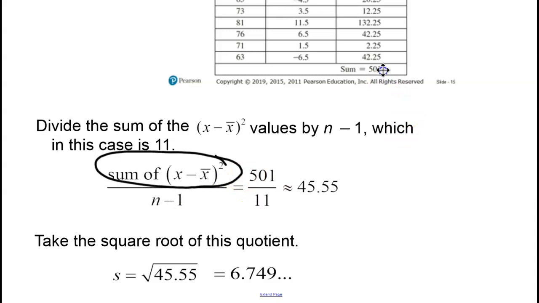So your sum was 501, and then you're going to divide it by 11, which gives you about 45.5. And then don't forget at the very end, you need to take the square root of that value, which I think is going to make sense, because if you look at this and you go, okay, well, what kind of answer is a standard deviation from the mean of 45?